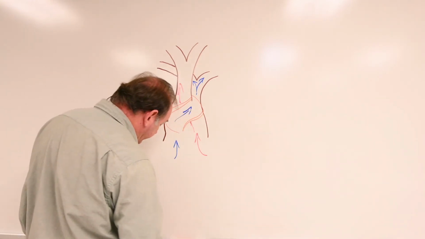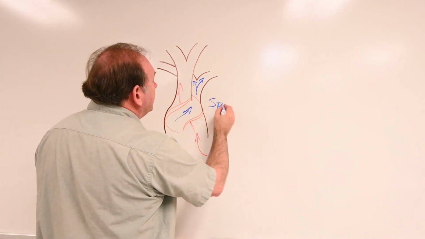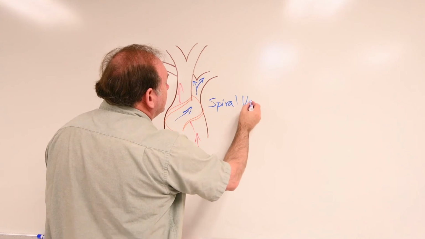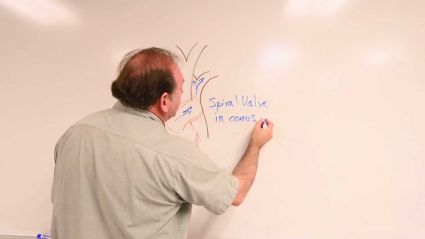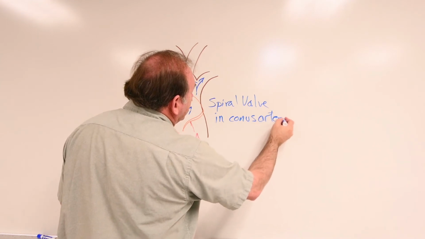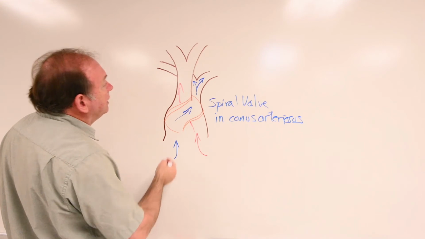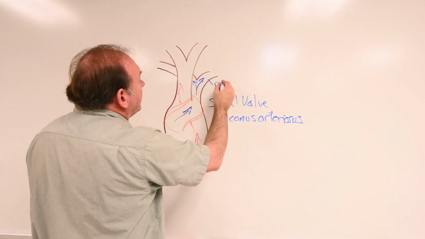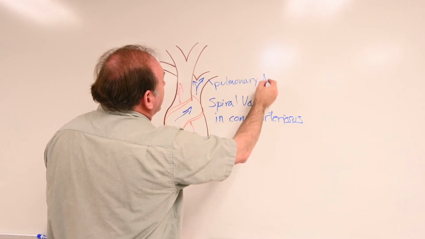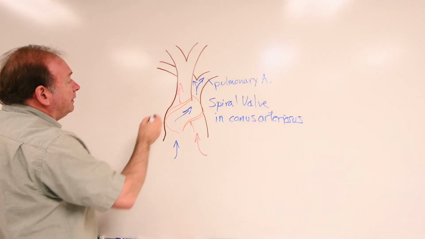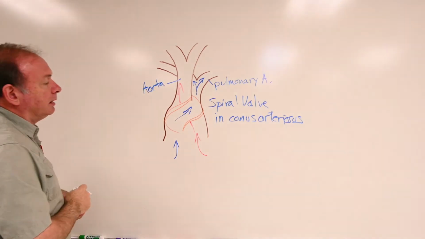So there's our spiral valve that forms in our conus arteriosus. This here would be our pulmonary trunk, and this over here is the aorta coming out of the heart.